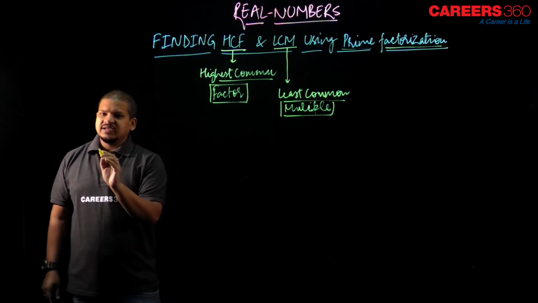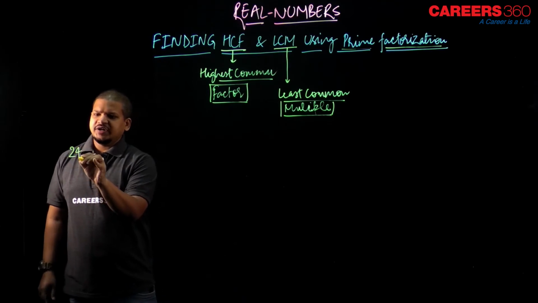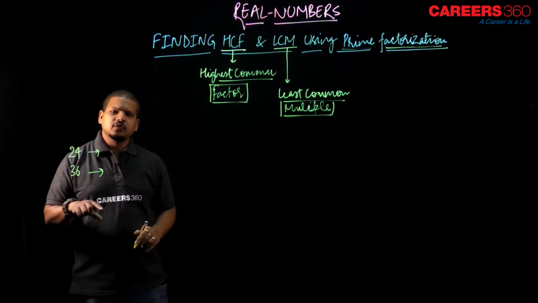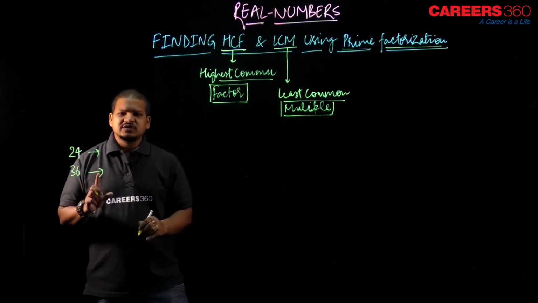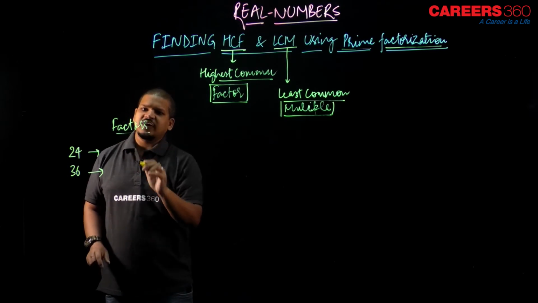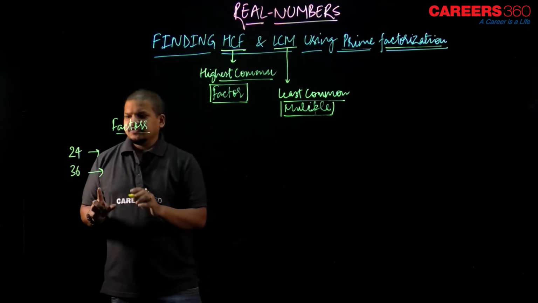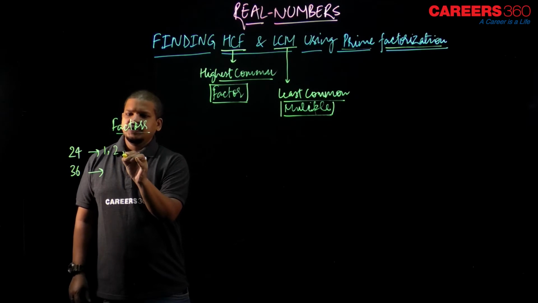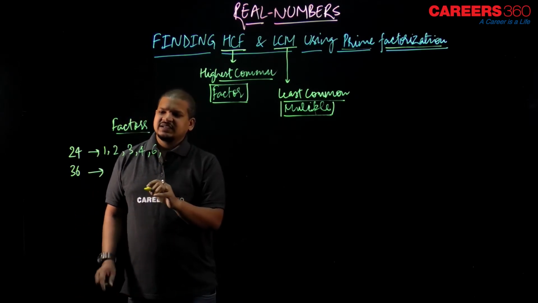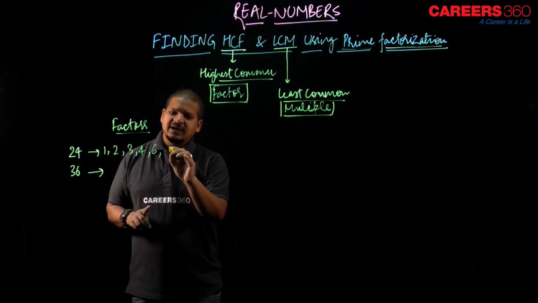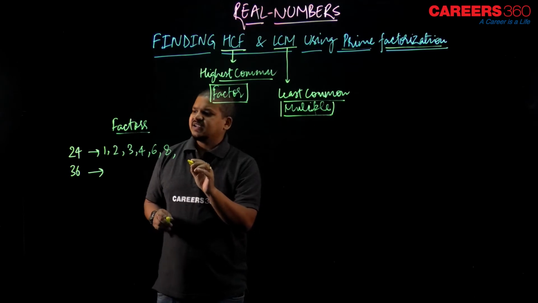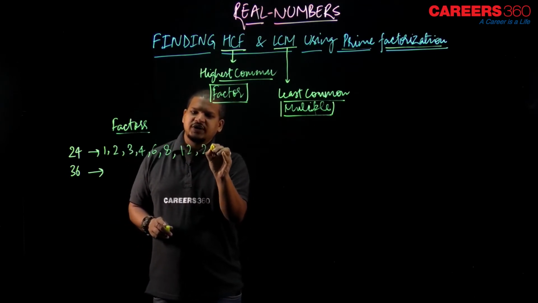Let's say I am taking one example, that is 24 and 36, right? There are two numbers, 24 and 36, and I'll first be writing their factors. If I write the factors of 24, that would be 1, 2, 3, 4, 6, 8, 12 and 24.